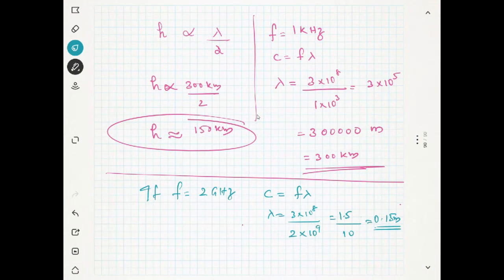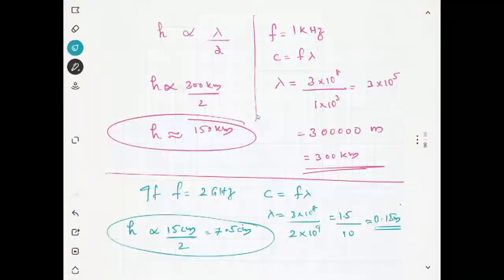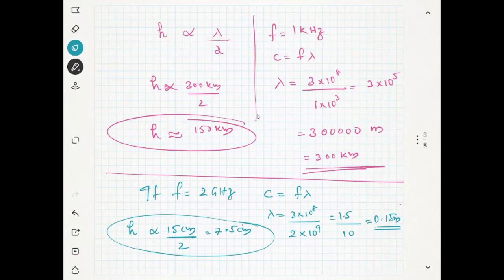H is proportional to 15 centimeter divided by 2, which is 7.5 centimeter. I have just given you a rough number, because this is proportional and there will be a constant. So you may need an antenna of 1 centimeter or 2 centimeter. That is enough. You understood? Yes, sir. That's why we are using it like this.